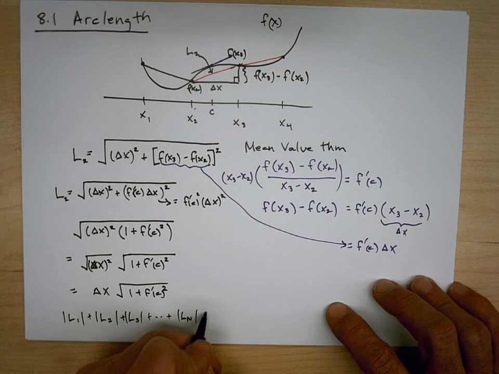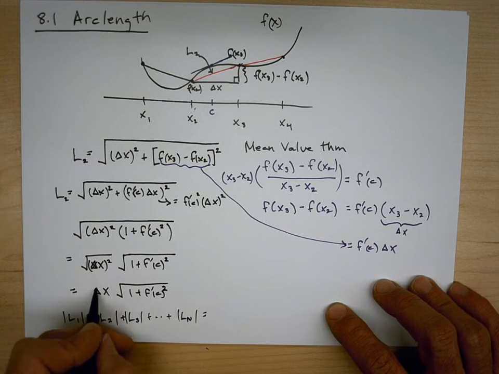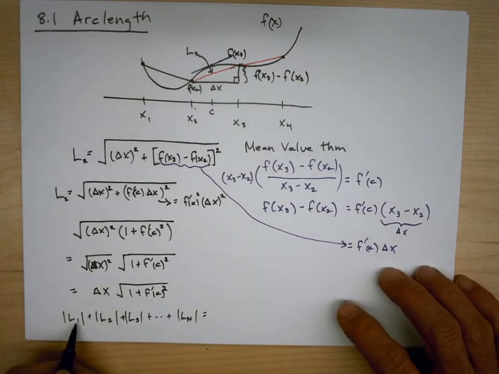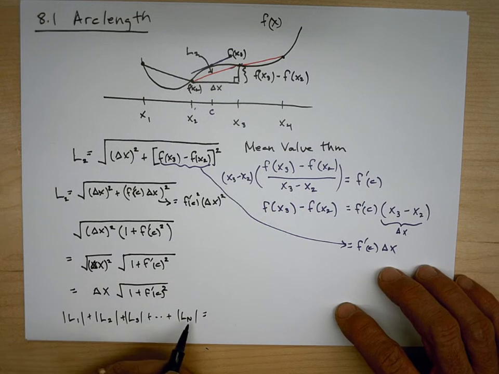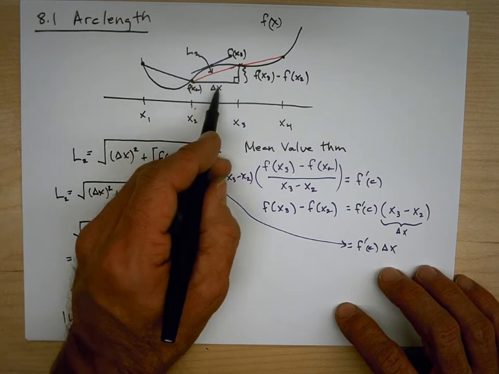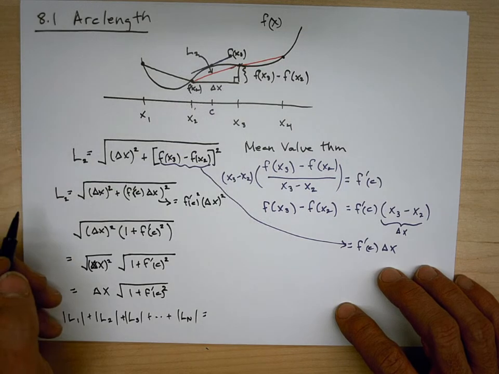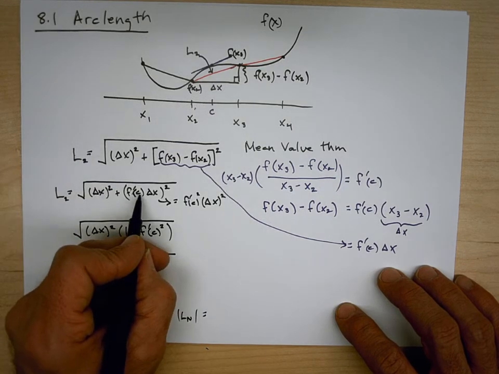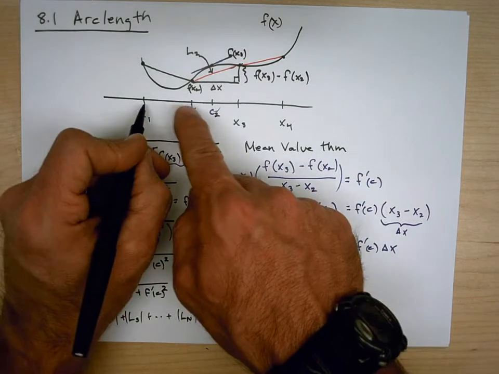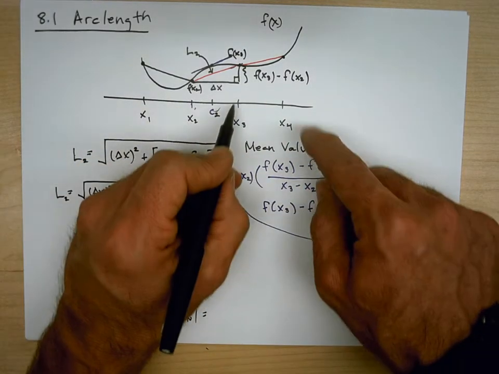Well, that is going to be the sum. Each one of these is going to look like this, except we're going to have some kind of a subscript on there. So really this would have been delta x1, or in this case delta x2, and this would have been f prime of c sub 2, because it's in the second interval, and there'll be a c1 in the first, and c3 in the third interval.